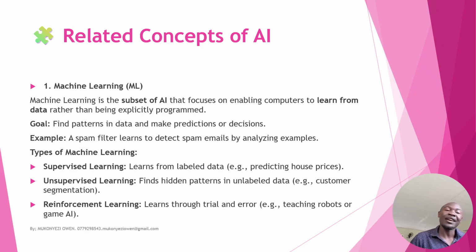We have different related concepts of AI. One, we have machine learning, and this is a subset of AI that focuses on enabling computers to learn from data. They learn from the existing data, from the data sets, from different servers, rather than being explicitly programmed.